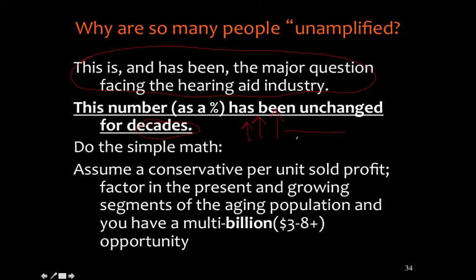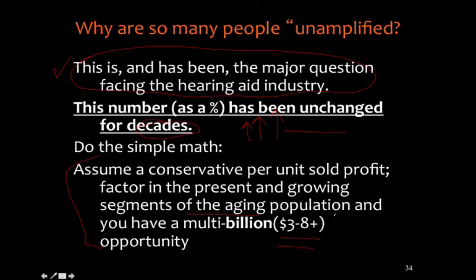So the digital processor, even though it was highly touted, and all the advantages I pointed out to you, isn't so great that the rate of hearing aid acquisition has changed significantly. Again, the hearing aid industry is interested in this because if you assume a very conservative profit factor, and you look at the aging population, we're talking about a multi-billion-dollar opportunity.